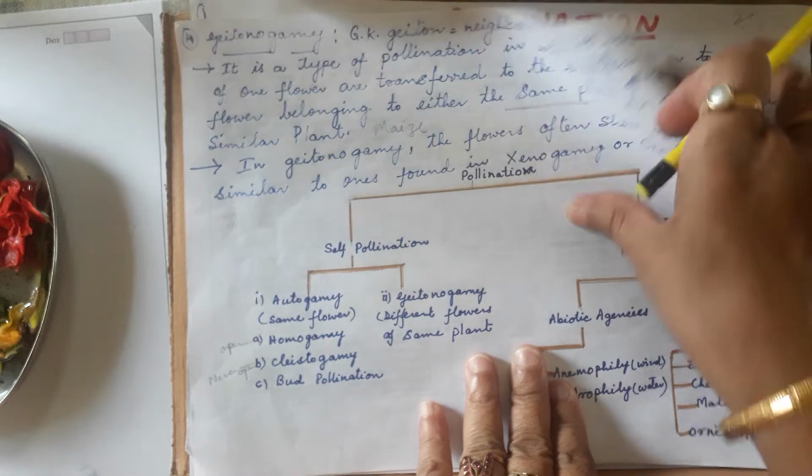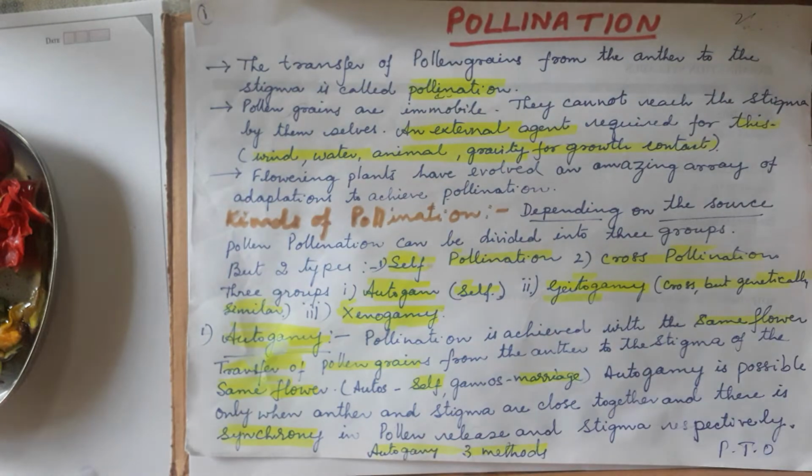This classification we will see afterwards. First let us see homogamy, the first type of autogamy. Autogamy means pollination achieved within the same flower, transfer of pollen grains from the anther to the stigma of the same flower. Autogamy is possible when the anther and stigma are close together and there is synchrony.